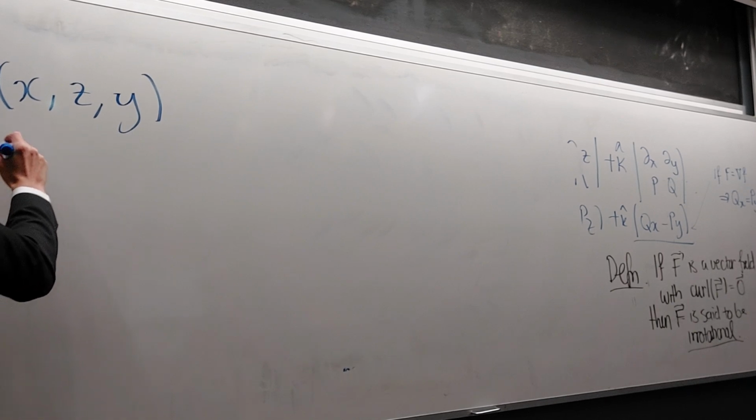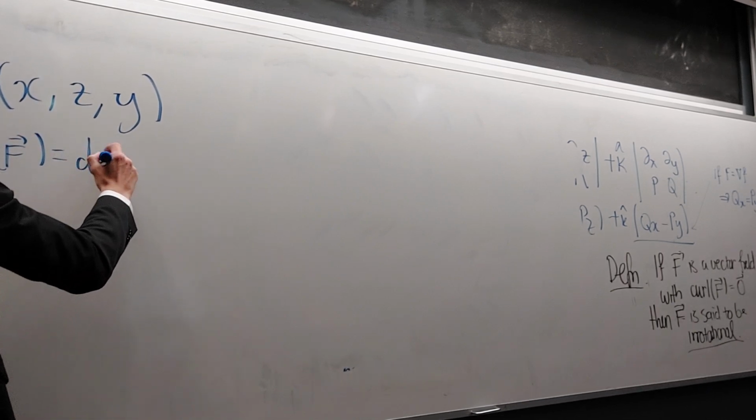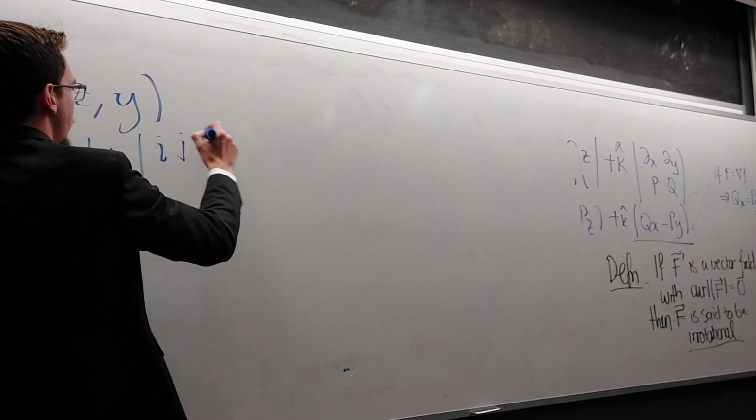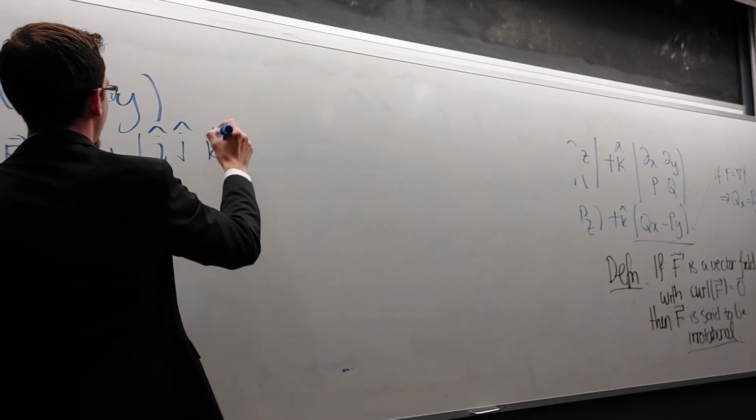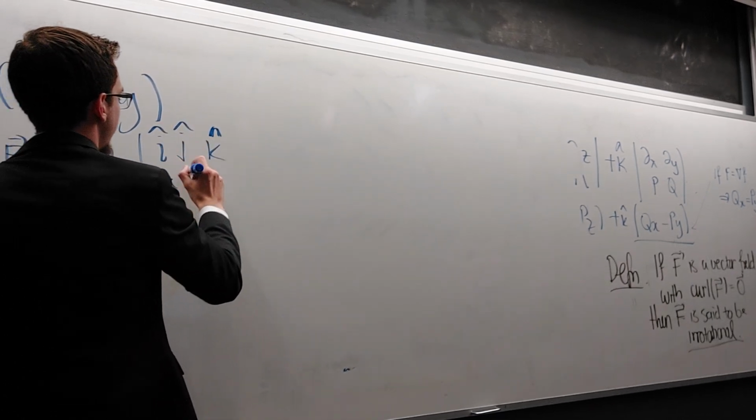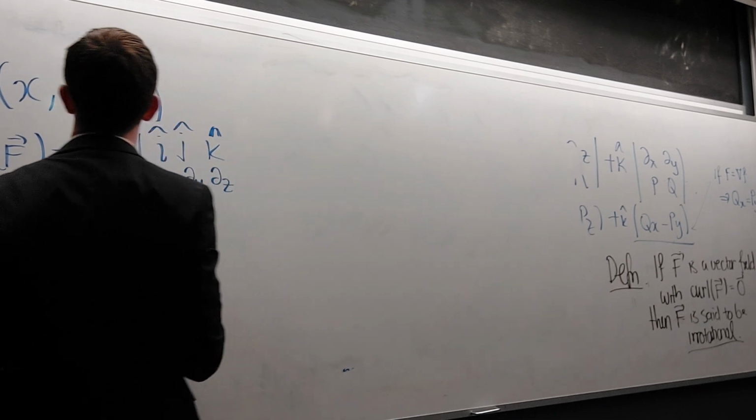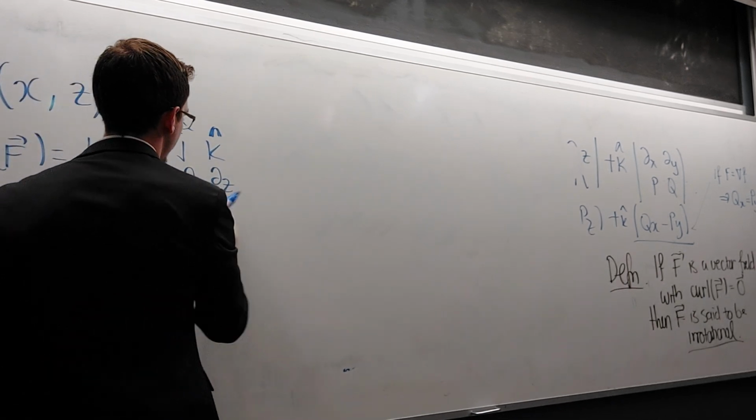Curl of f is the determinant of i, j, k; partial x, partial y, partial z; x, z, y.